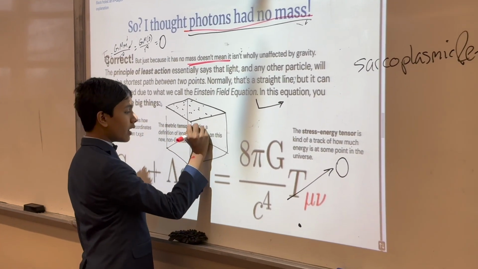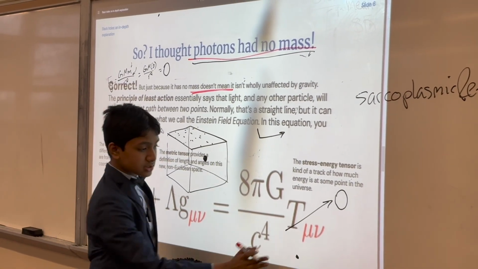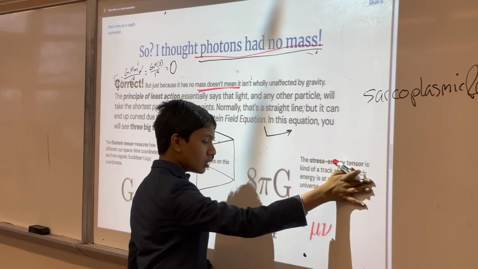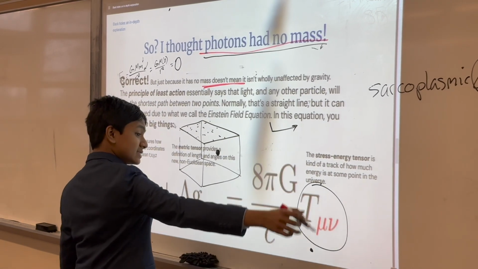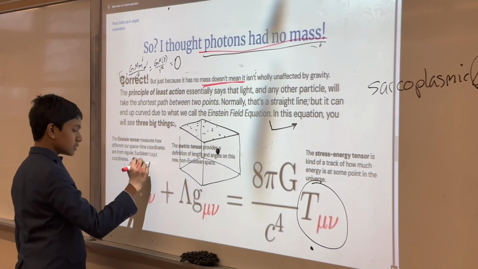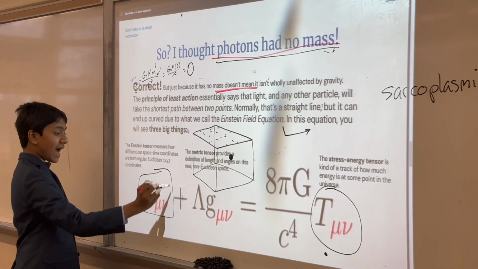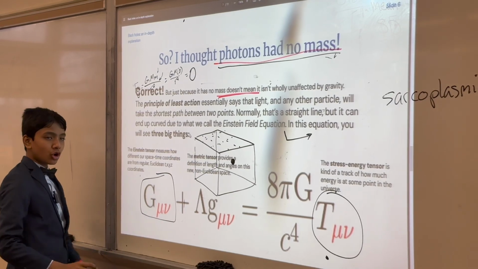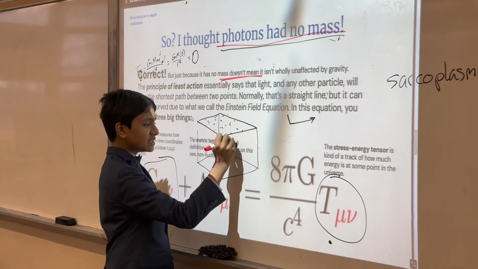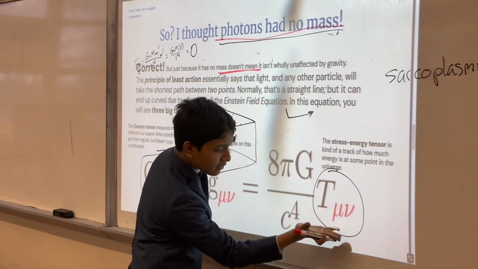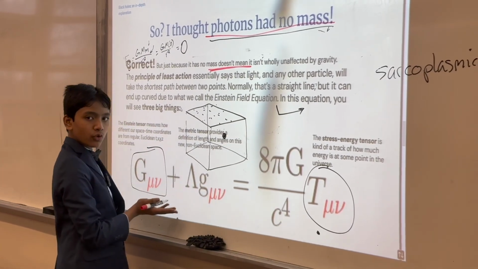But if I provide a gravitational influence, if I provide some mass or some energy, this is no longer equal to 0. This is tangible. And this is proportional to how much the universe will curve, how much space-time will curve around this specific body. So if I increase this, this curvature increases, and so on and so forth.